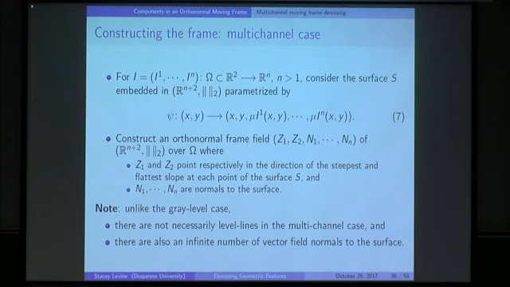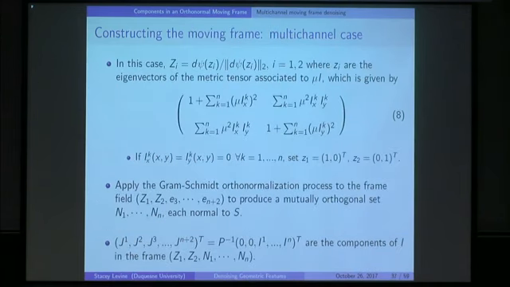But we still want Z1 and Z2, the first two, to point in the direction of steepest and flattest slope. So the most natural thing to do is to take Z1 and Z2 to be the normalized derivatives in the direction of the eigenvectors of the metric tensor associated with this image surface. And then just apply Gram-Schmidt to get the remaining normal vectors to the surface.